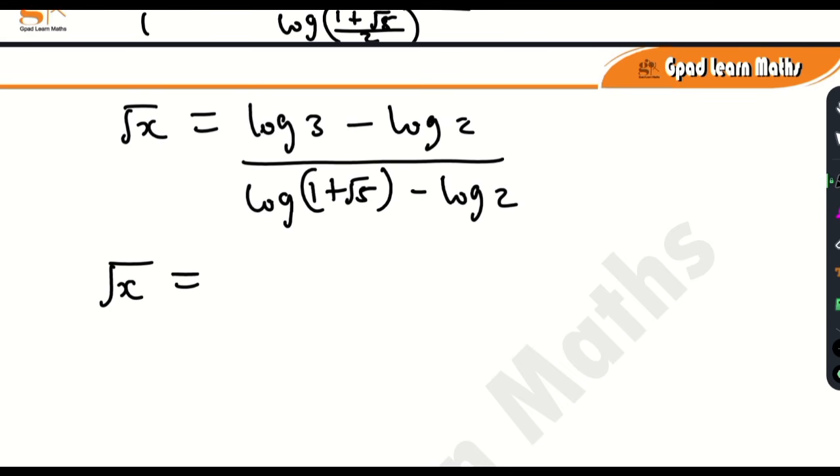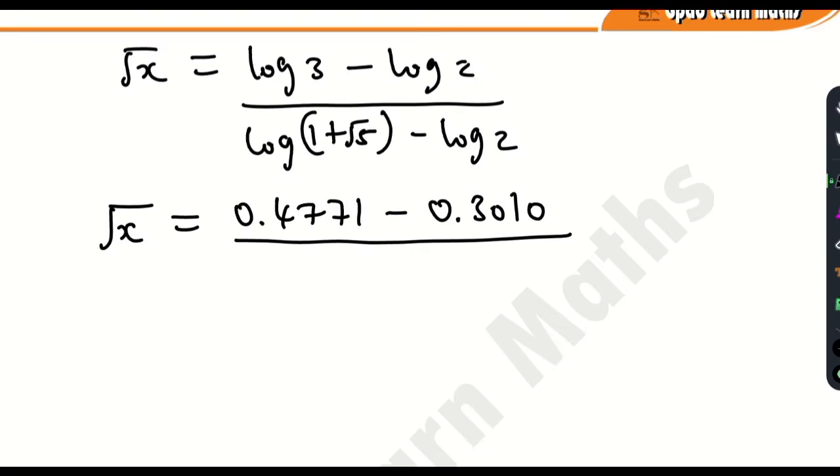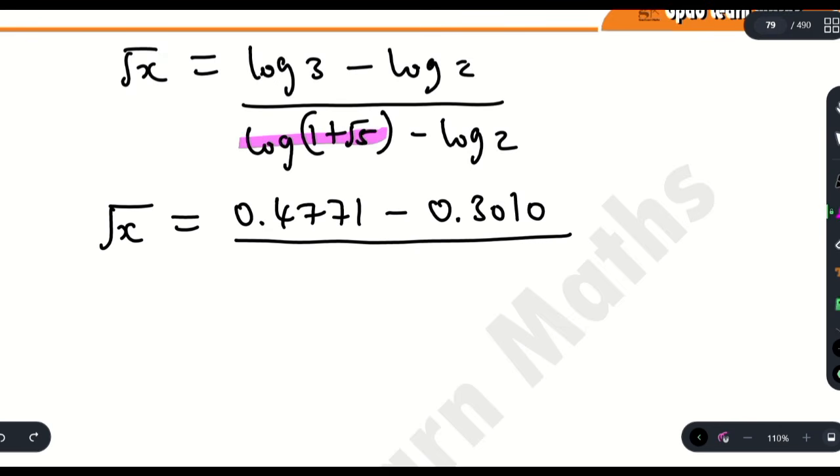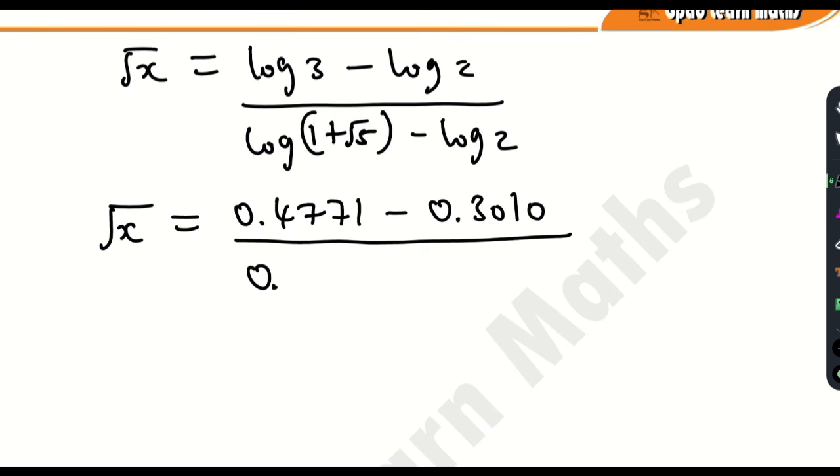Okay, so I'm going to use my calculator and get the logarithm of 3. I'll just be fast about this. Log 3 is 0.4771 and log 2 is 0.3010, all divided by, real quick, log of 1 plus root 5, which is 0.5100, minus log 2, again 0.3010. Okay, let's simplify this further.